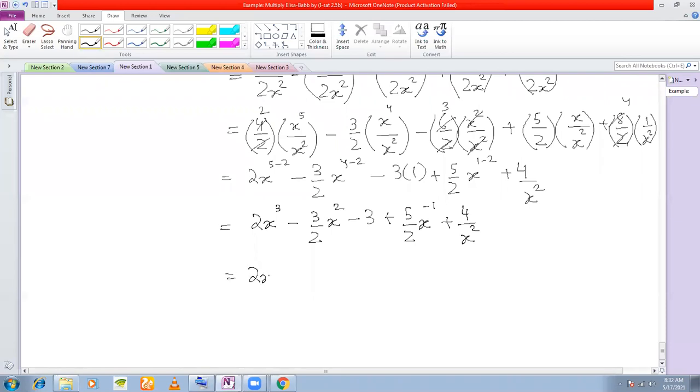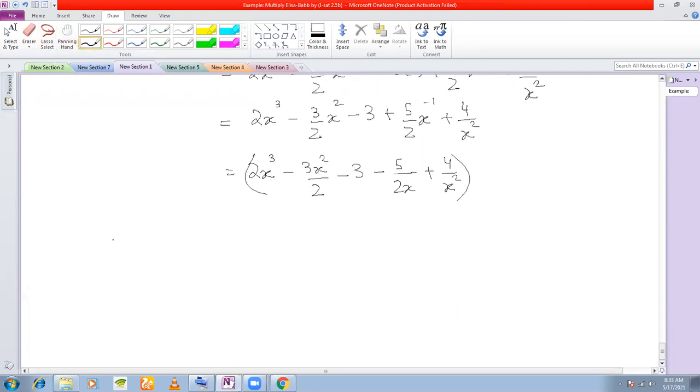Now you have 2x cube minus 3x square by 2 minus 3, minus 5 by 2x, because x to the power of minus 1 can be written as 1 by x, and you have 4 by x square, and that is your answer. Okay, we'll see another example and finish today's class.